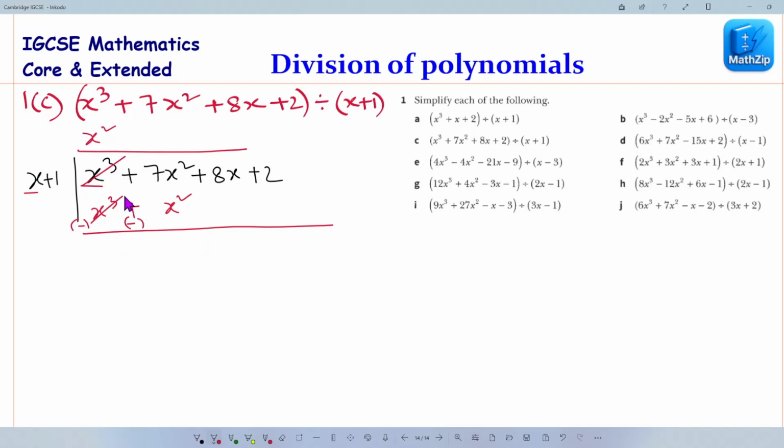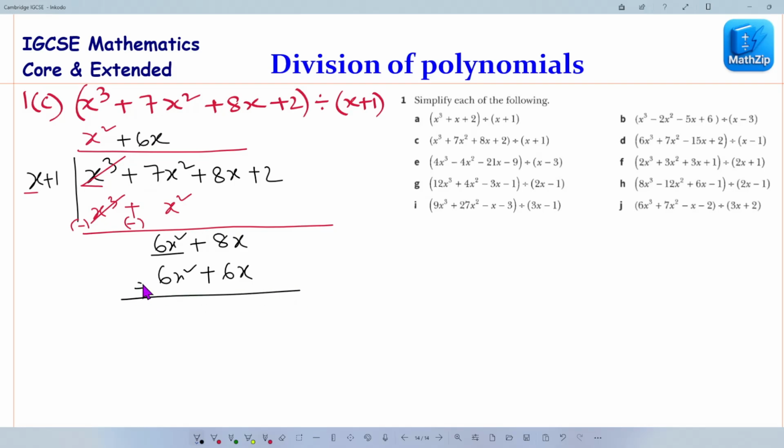x cube minus x cube out. So 7x square minus x square will be 6x square, and here we will use 8x. Now 6x square divided by x will be plus 6x. So 6x times x is 6x square, 6x times 1, once we multiply, it will be 6x.